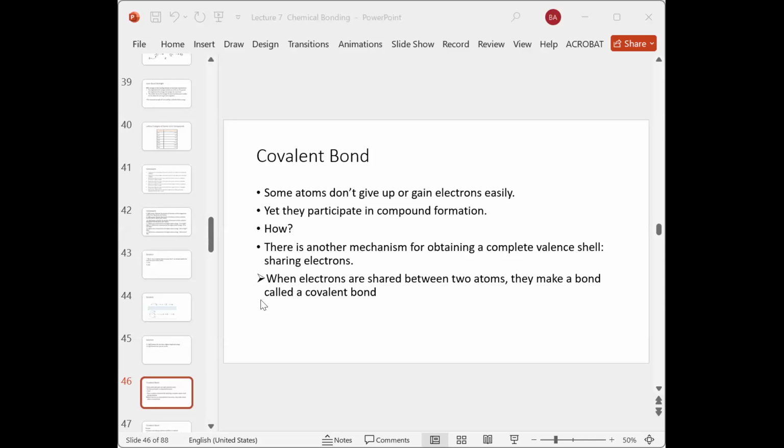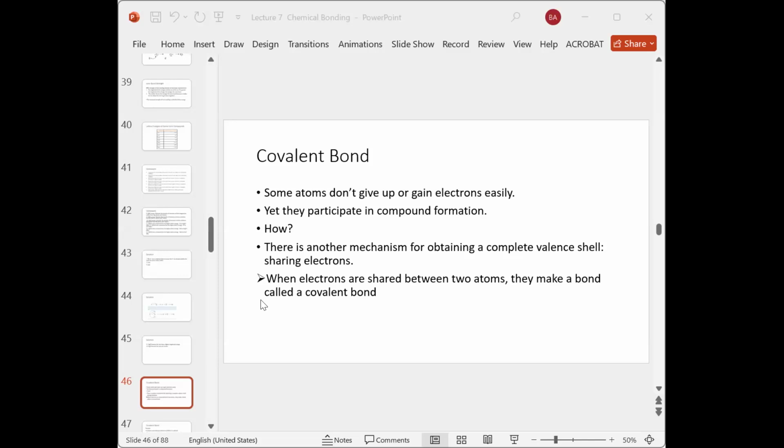Some atoms don't give or gain electrons easily the way some atoms do, but they also participate in compound formation. How they do it is what we are going to learn. Those who don't give away their electrons and those who don't collect electrons, how do they do it? What they do is they share the electrons so that they can satisfy the octet rule.